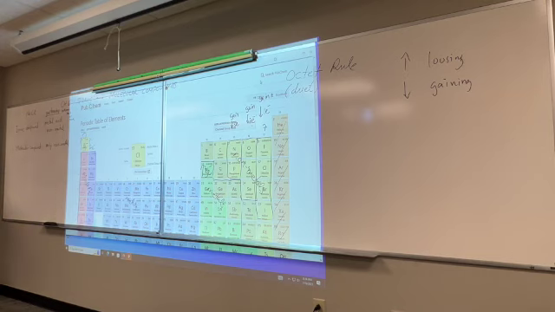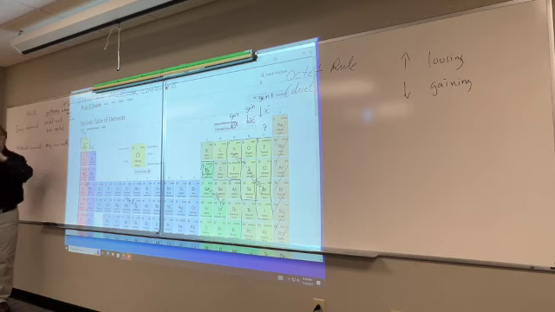Now, predicting then whether a chemical is ionic or molecular is just a matter of looking at the partners, what's in the chemical. With one important exception.